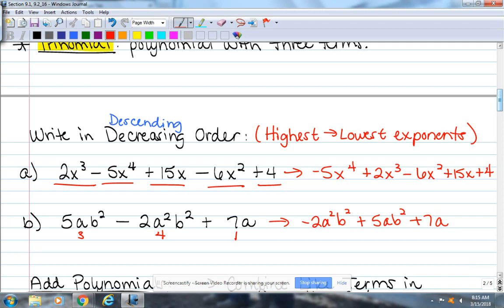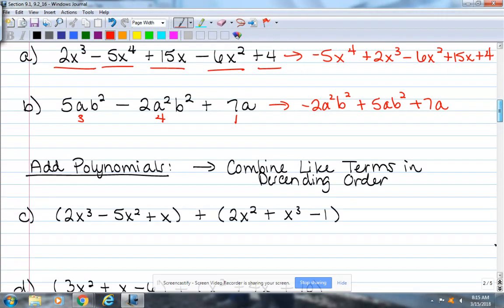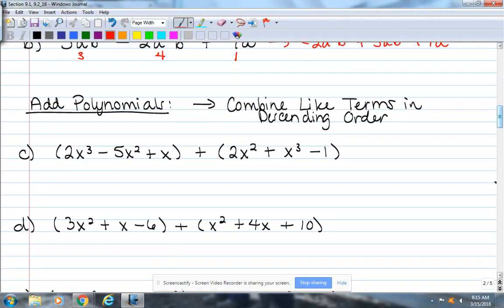Okay. Now we get to do the fun stuff with the arithmetic. So we're going to start with adding polynomials, and then a little while we'll do subtracting. So section 9.1 is all about adding and subtracting polynomials. Now, I see pluses and minuses in these problems.